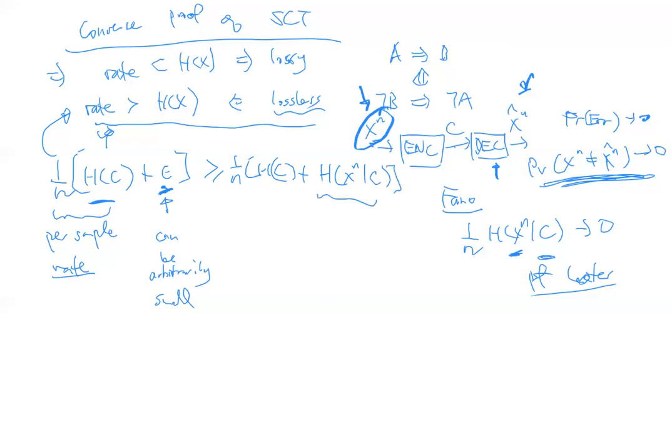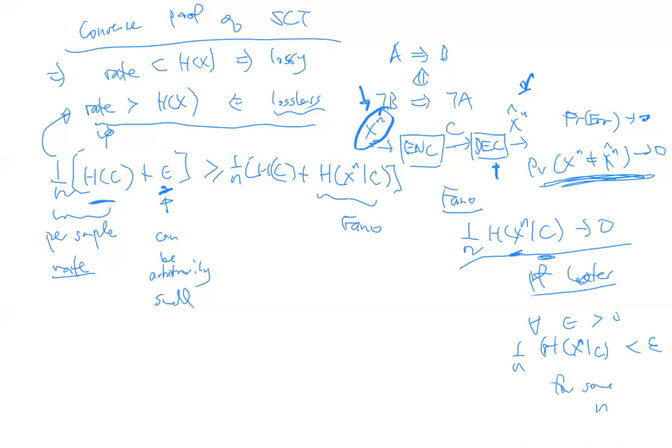So this is just Fano. By Fano, H(X^n | C) over n will converge to 0, meaning that for any epsilon bigger than 0, H(X^n | C) over n is less than epsilon for some n.